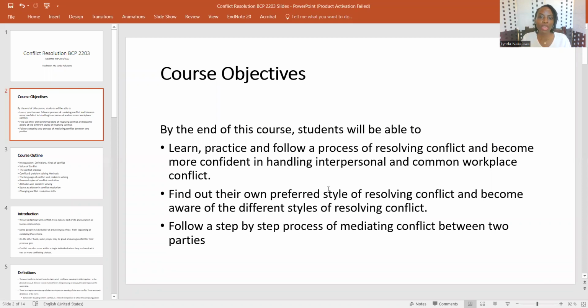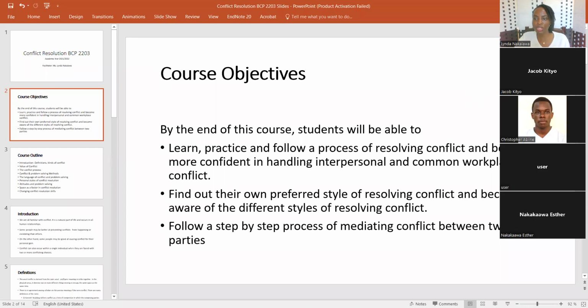When you are aware of the things that we are going to talk about during this lecture, it will help you to be more open to helping people resolve conflict. And it will also help you to be more open to resolving the conflicts that you yourself have with other people.